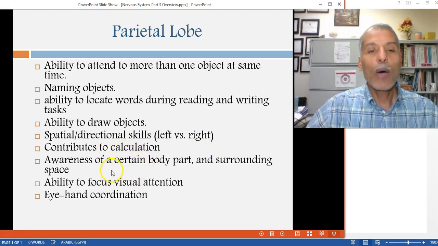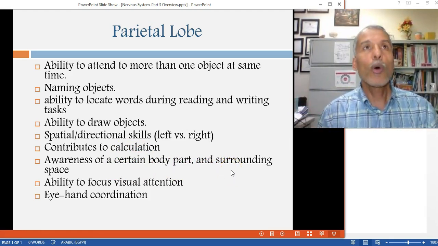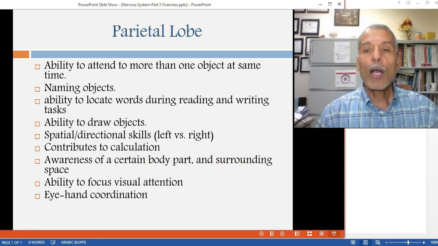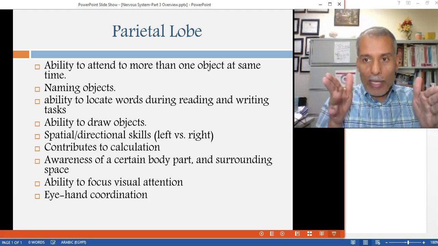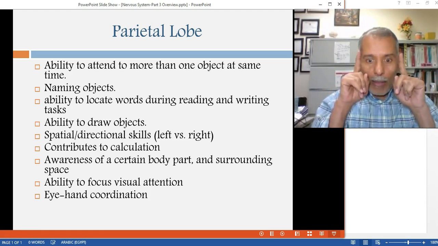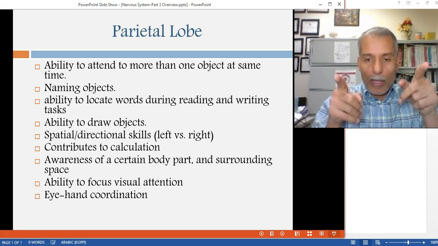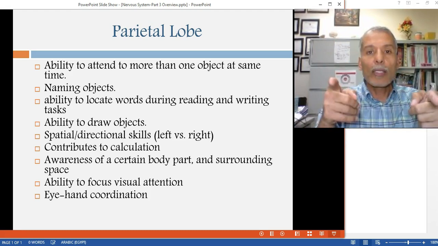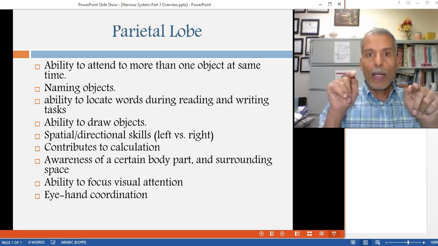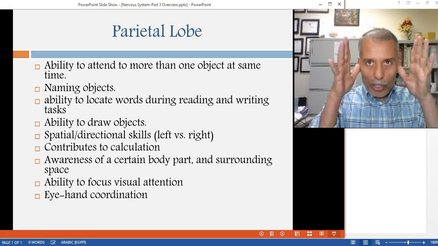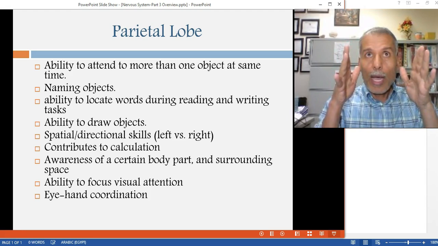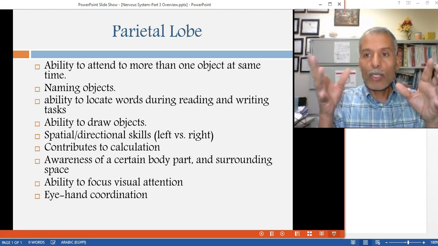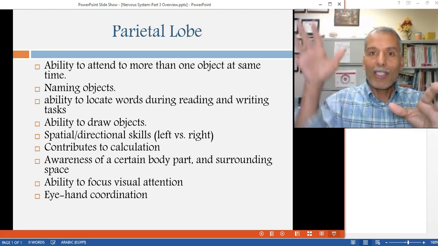Calculations and awareness of certain body parts and the surrounding space, like when you want to park your car, for example, and you look at the space, your eyes make a map of the space between the two lines and the front back, and you kind of hold the dimensions in your visual cortex, and then from the parietal cortex you get the dimensions of your car and you match them.